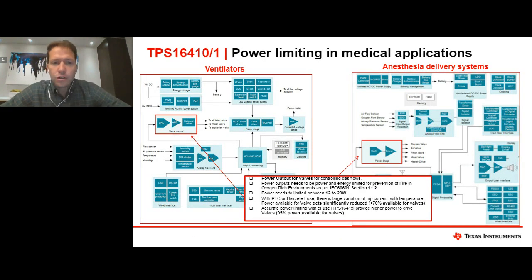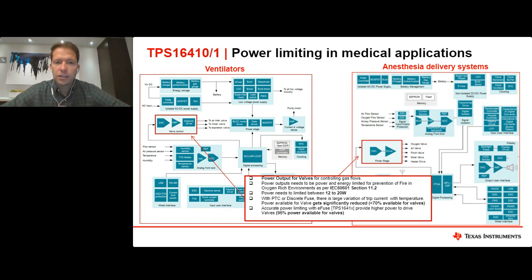And now going over to medical, the two different end equipments that we'll talk about are ventilators and anesthesia delivery systems. Generally these have different valves which are used to provide oxygen gas.